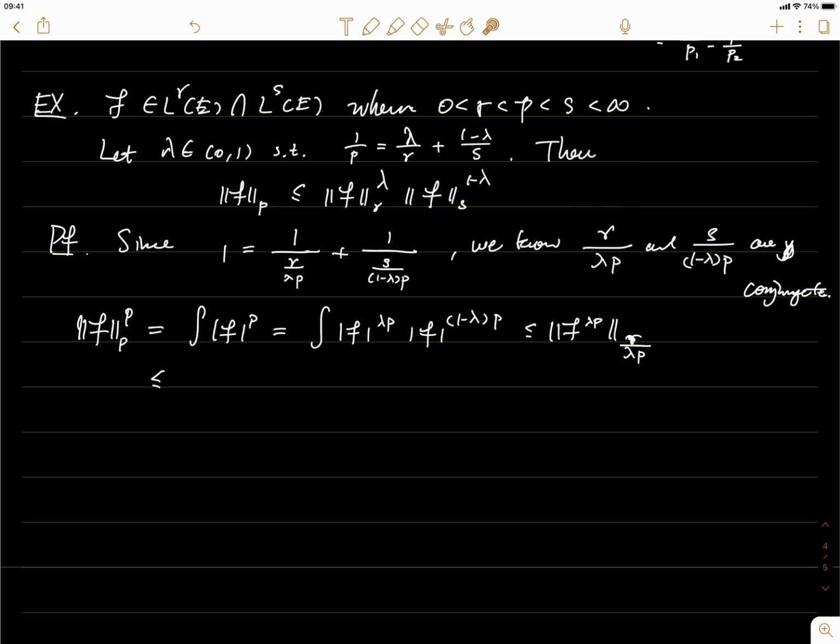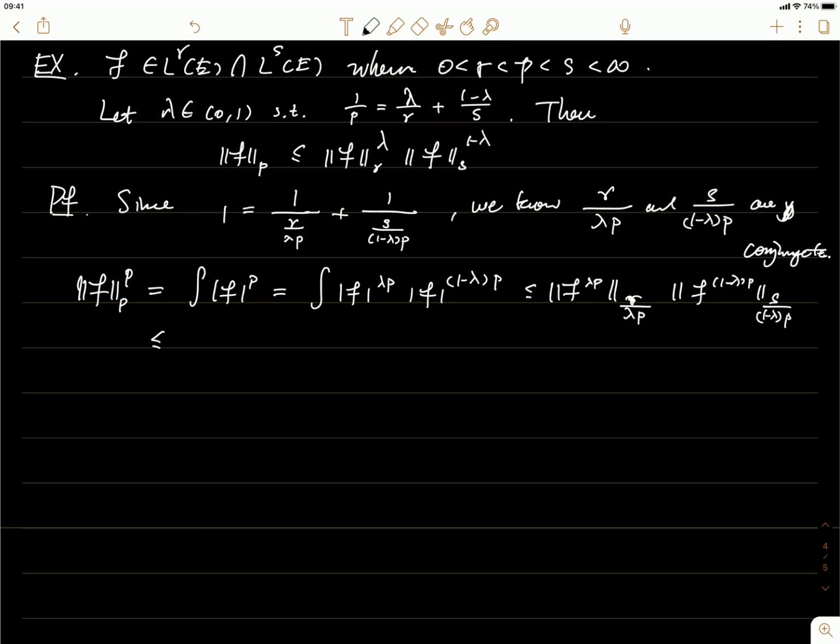So it's this norm of that times this norm of this term. So that's just 1 minus lambda p, the s over 1 minus lambda p.